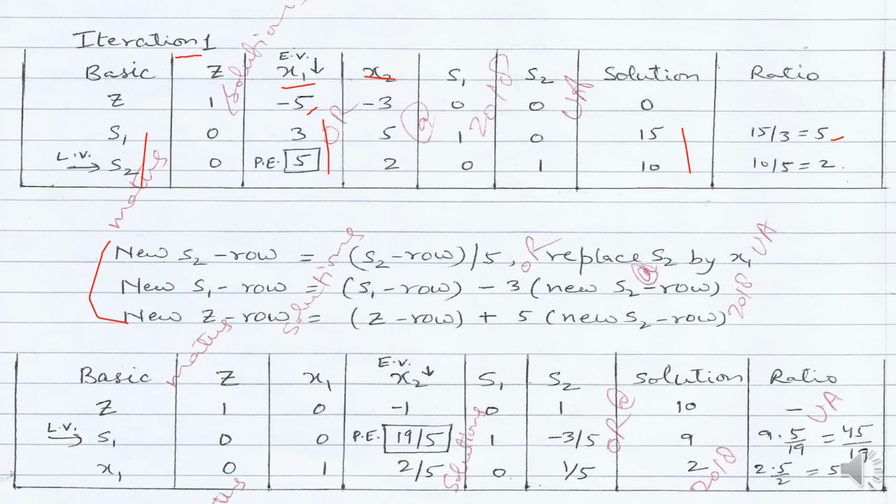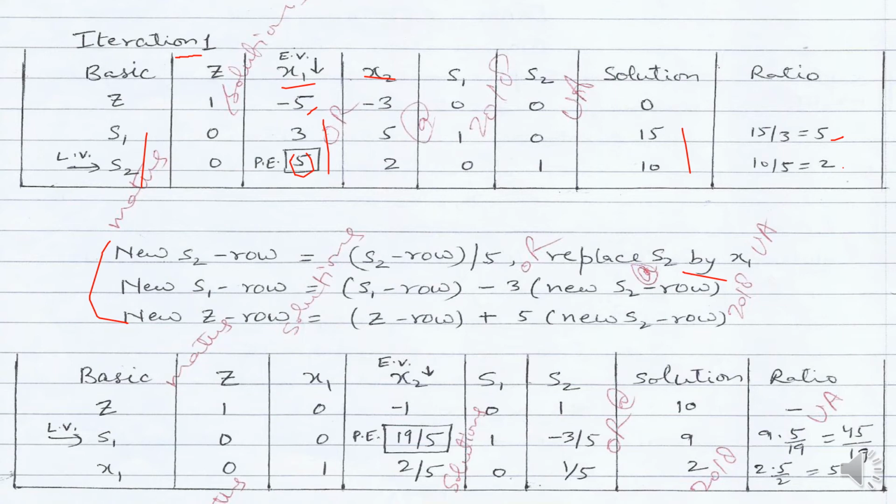So s2 row, which is the pivot row, we divide it by 5, that is the pivot element, so we get the new s2 row, and in next table we replace s2 by x1. For writing s1 row and z row, we use these two formulas. So new s1 row is s1 row minus 3 new s2 row, and new z row is equal to z row plus 5 new s2 row.